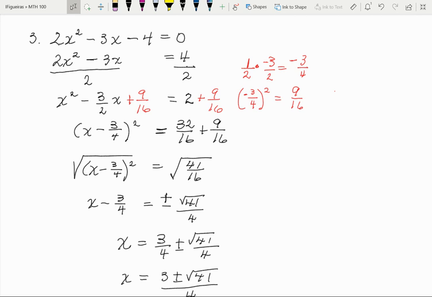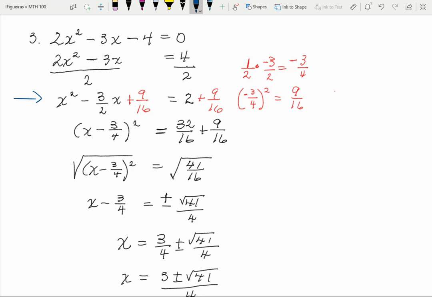And this one has a coefficient of 2. So that's a problem. We need to get rid of that. So we do that by dividing both sides of the equation by 2. And when I do that, my left side becomes x squared minus 3 halves x, and the right side just becomes 2. That's this line here, everything you see in black.